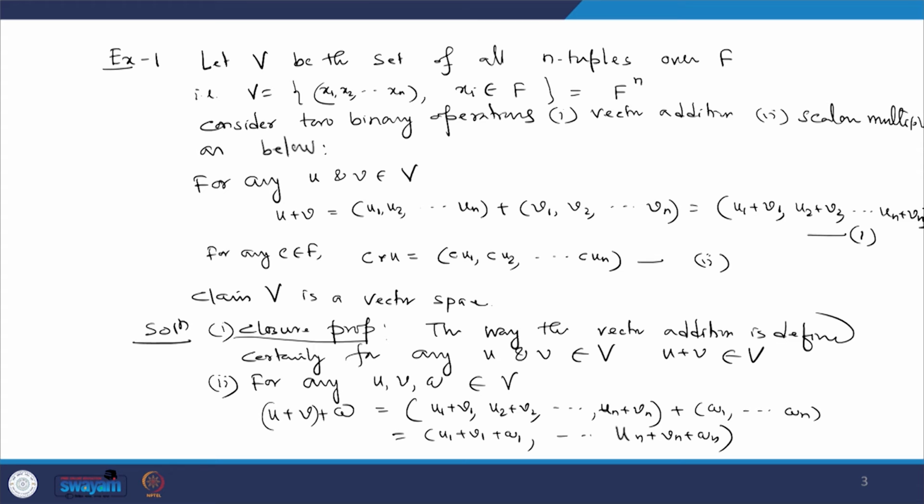So, therefore, I can write down this one as u plus v plus w equal to h. I can write down again u1 plus v1 plus w1, then u2 plus v2 plus w2 and so on, un plus vn plus wn like this.